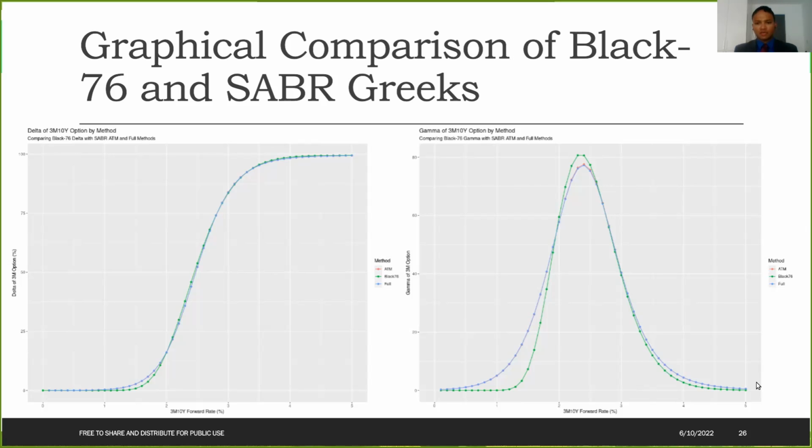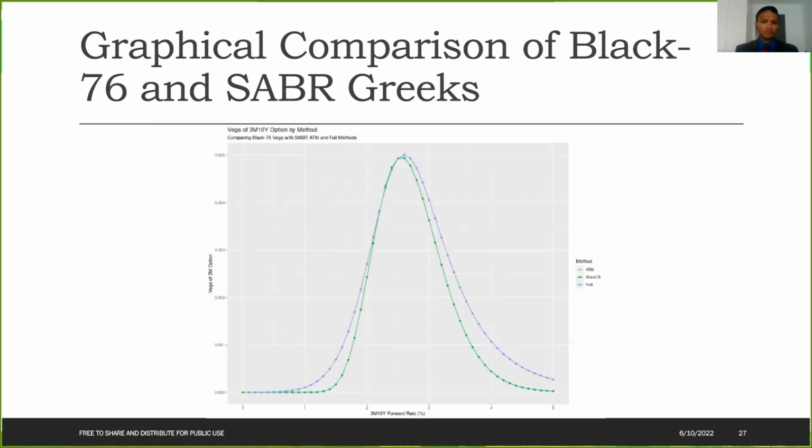With Gamma, again, generally tracks pretty closely, except again in this out of the money region, where you do see a lot more tilt in the smile. You do see that very pronounced tilt in the 3-month, 10-year smile, and this goes a long way to explain the difference in convexity between what you would expect from a straightforward Black 76 schema versus a more sophisticated SABR schema.